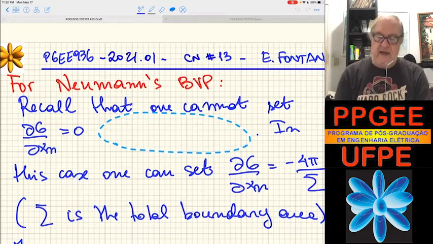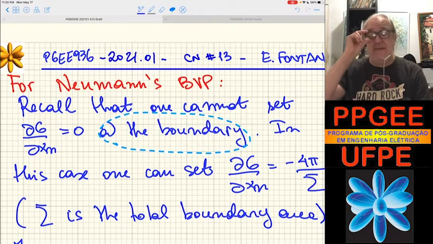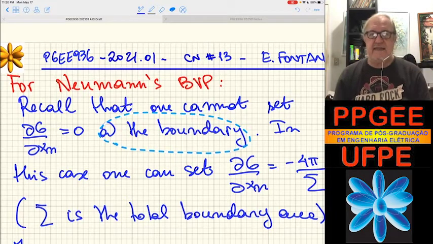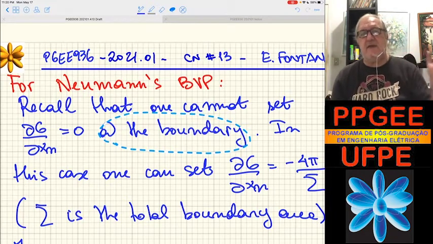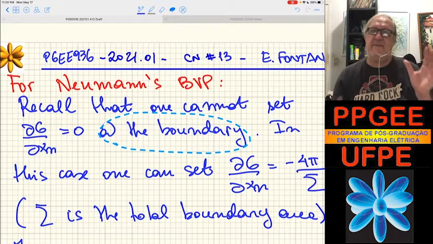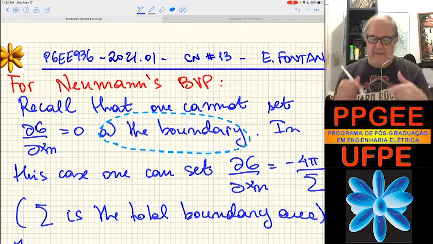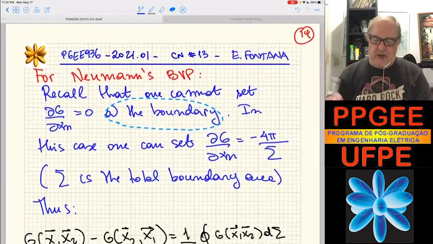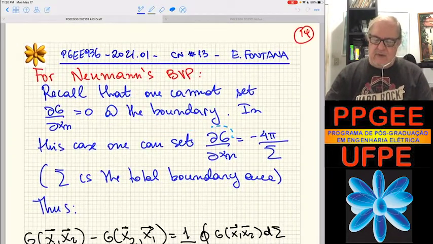Cannot do that. We can do a lot of things, but we cannot set it equal to 0 in the whole boundary, the whole domain. You can set the derivative equal to 0 on some parts if you want. Okay? But one interesting choice is the normal derivative equal to a constant given by this value.